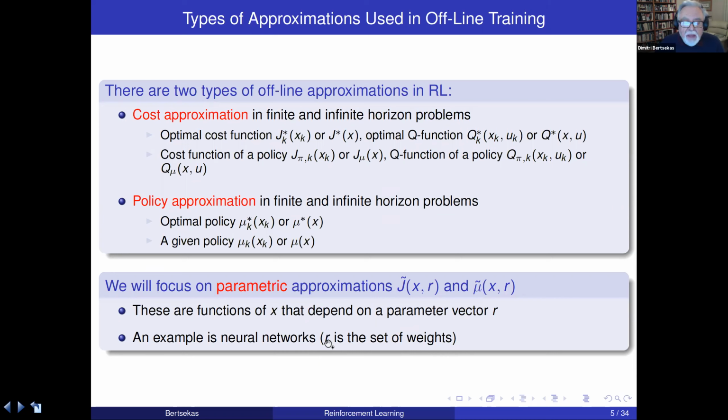And then the problem becomes determining the set of weights so that the neural network provides approximations that are close to the target cost function or the target policy. So this is the general objective, and this corresponds to a value network that we mentioned in the case of AlphaZero, for example. This corresponds to a policy network, constructing a policy network.